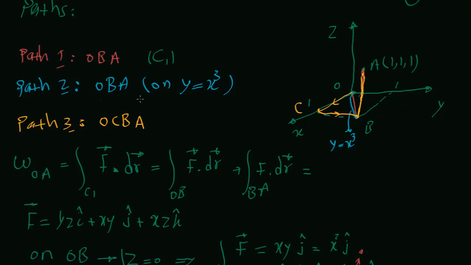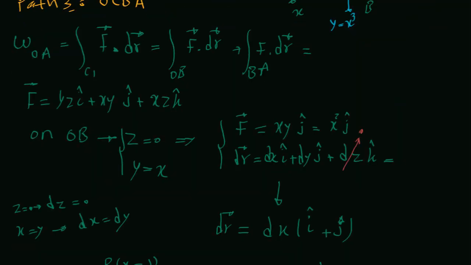So now let's go to the second path. Here again it's O to B, but on the curve path, and the second part of the path is just similar to the path that we had for path 1. So from B to A everything is the same, but instead of going on the line from O to B we go on the curve path.